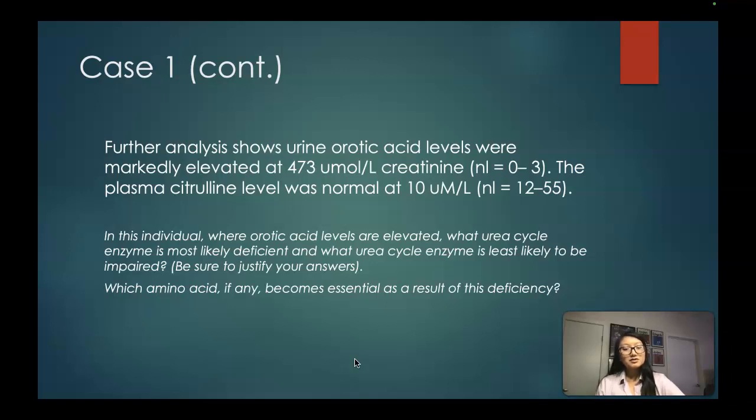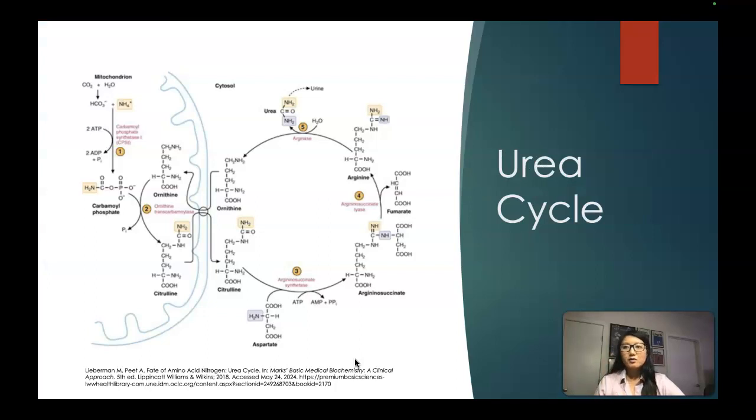In the case of this individual, she most likely has a deficiency of ornithine transcarbamylase, or OTC, which is right here. Normally, in the urea cycle, carbamoyl phosphate will react with ornithine to generate citrulline with the help of OTC.